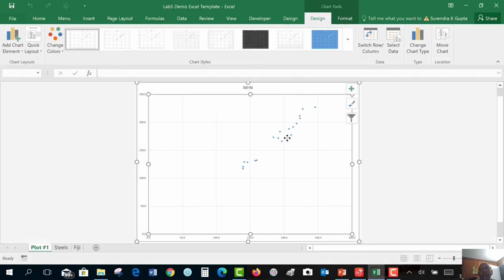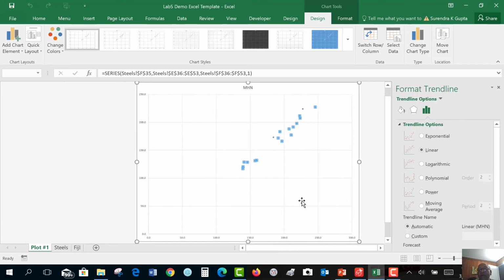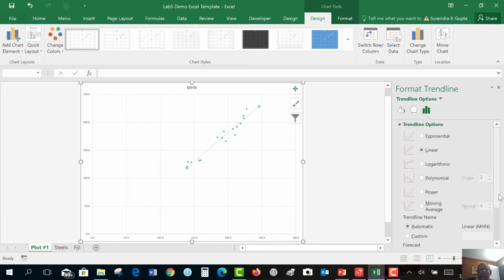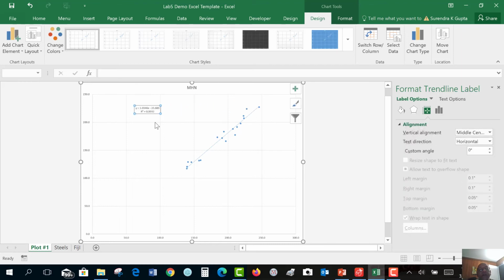And then we are going to adjust fit trend line, etc. We want a straight line. Display the equation. And you can see we get a pretty good straight line fit, 0.96.